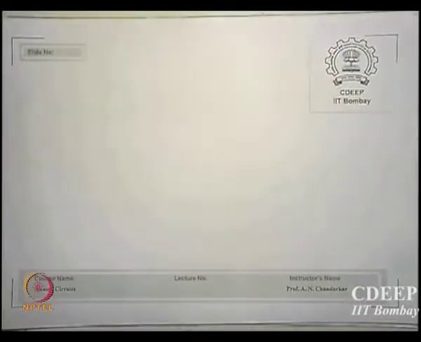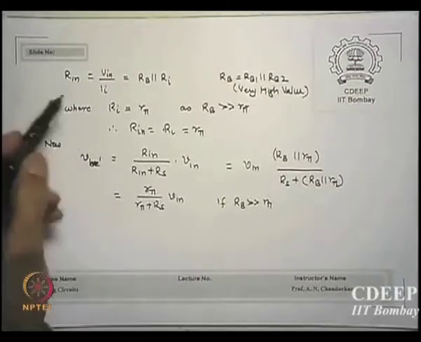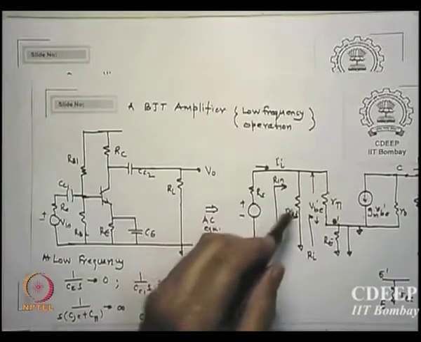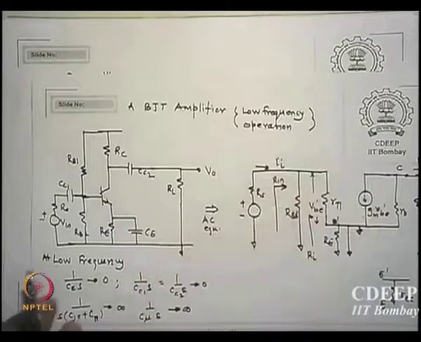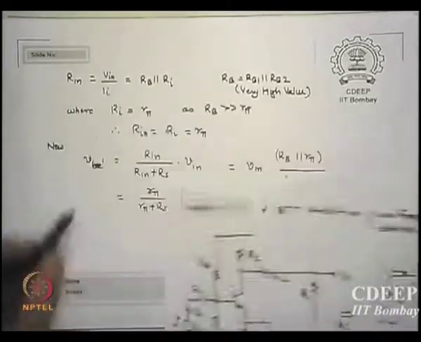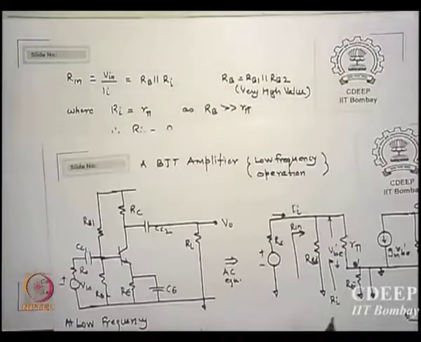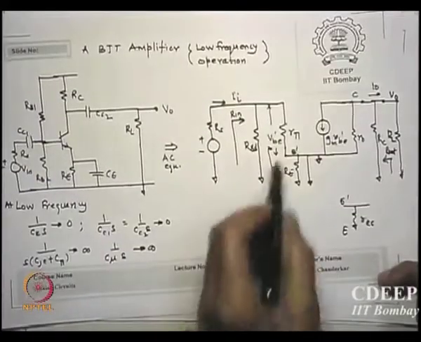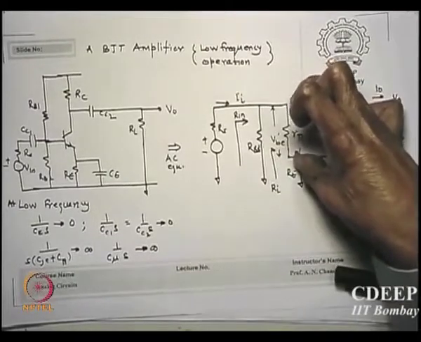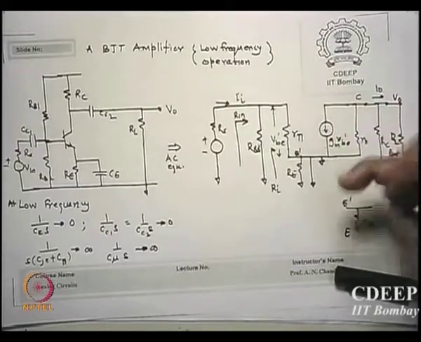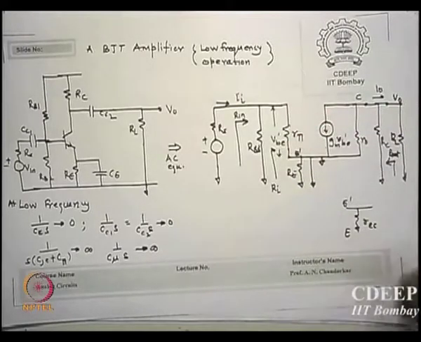If I use the solutions now, Rin is Vin by Ii, which you can see from the equivalent circuit, Rin is taken as this resistance and this resistance in series, R pi, RB parallel Ri, RB is RB1 parallel this. How much is Ri? Can you see from here? Between this, how much is the resistance seen? R pi, R pi. So actual Ri is only R pi, is that correct?